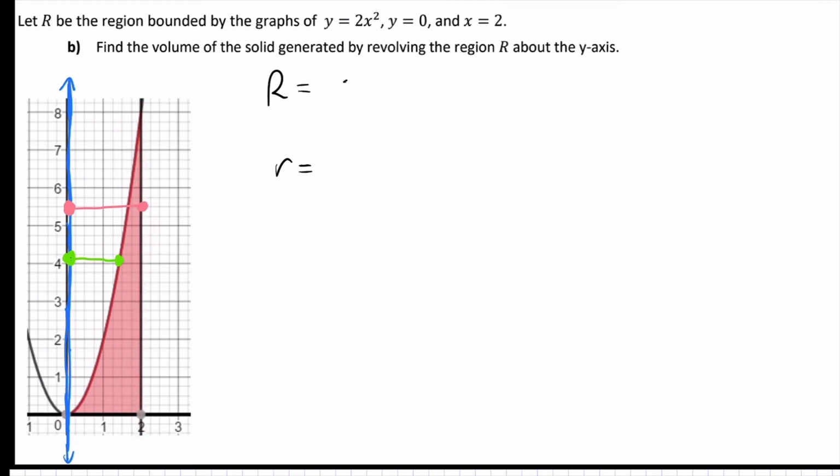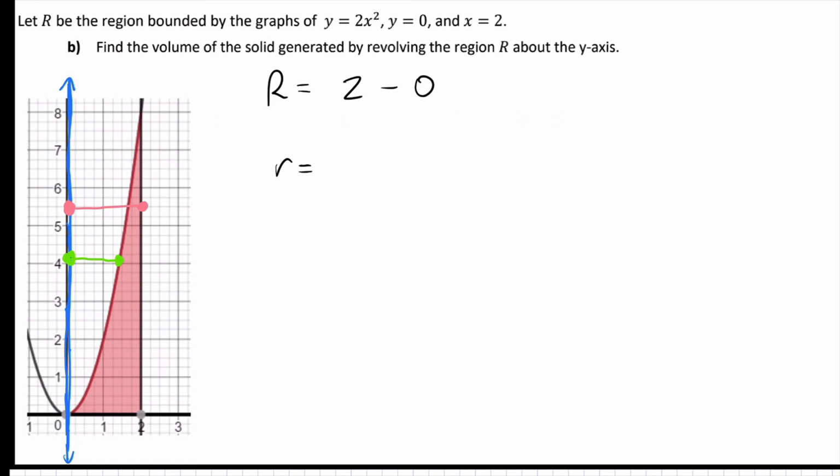So 2 minus the left, where I started, the y-axis. Well, the y-axis is just x equals 0.